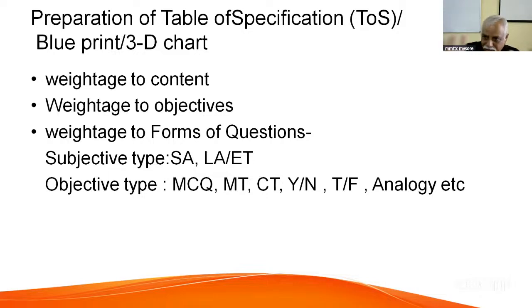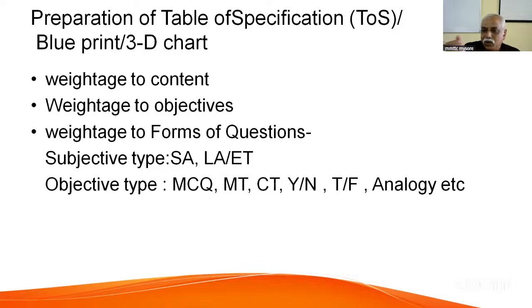So it is a table having columns and rows. Okay. The first row, if you take that, the first cell is divided into two parts by writing a diagonal. On the top of the diagonal, we write objectives. Below the diagonal, we write the content. So the first cell has two directions.